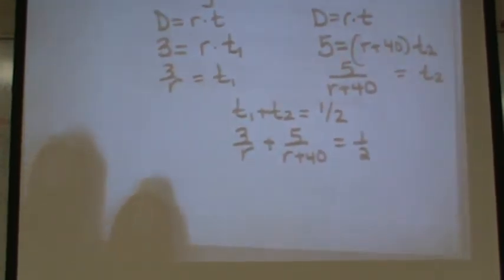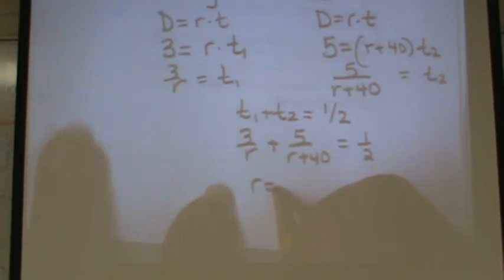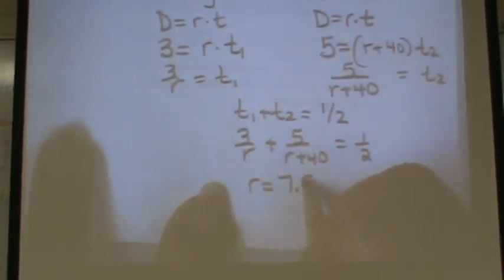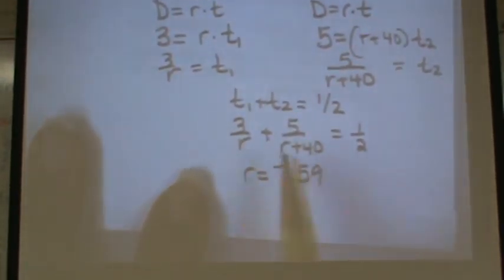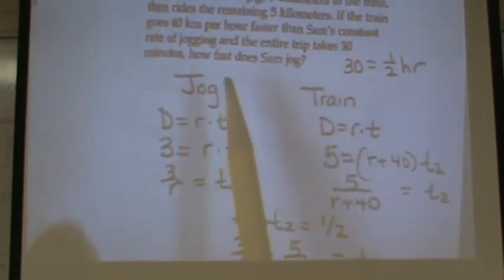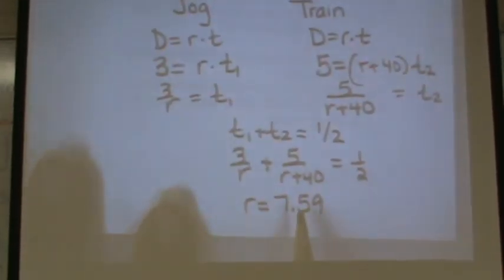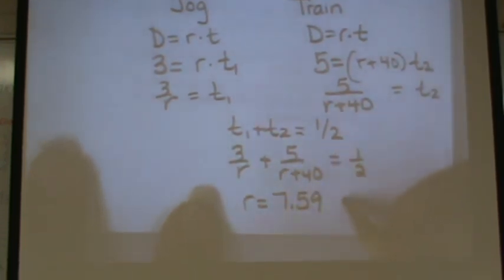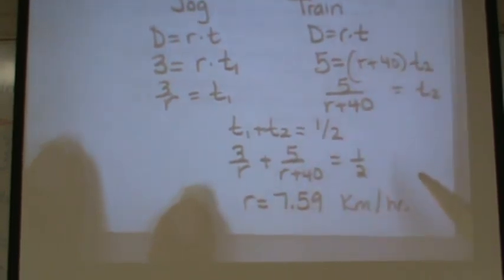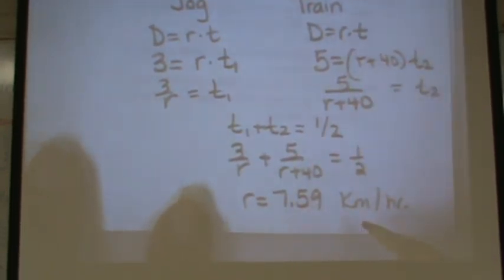You're going to use your graphing calculator and you're going to find out R is 7.59. So that is the rate. It says how fast does Sam jog? That would be your R value, 7.59 kilometers per hour. Now if they asked you how fast was the train, you'd add 40 to that, and that would be your train speed.